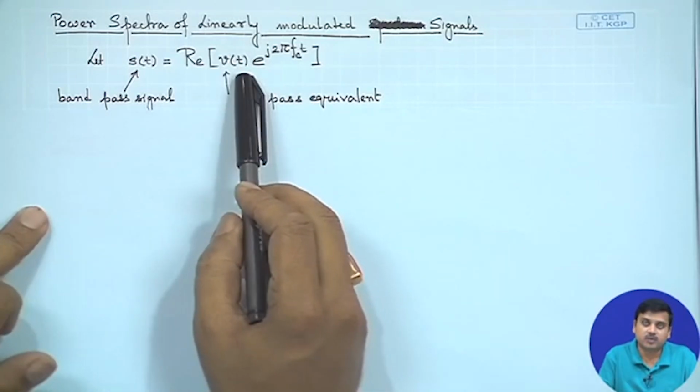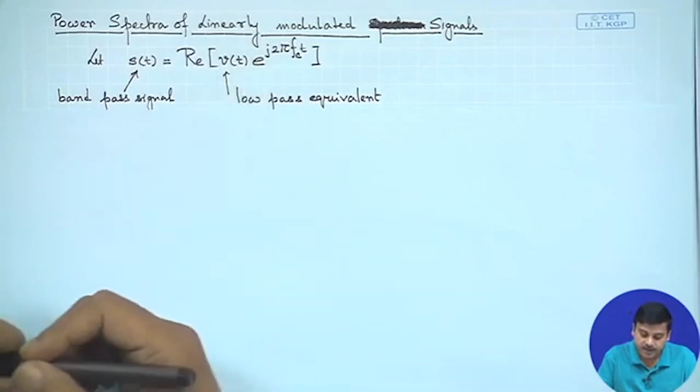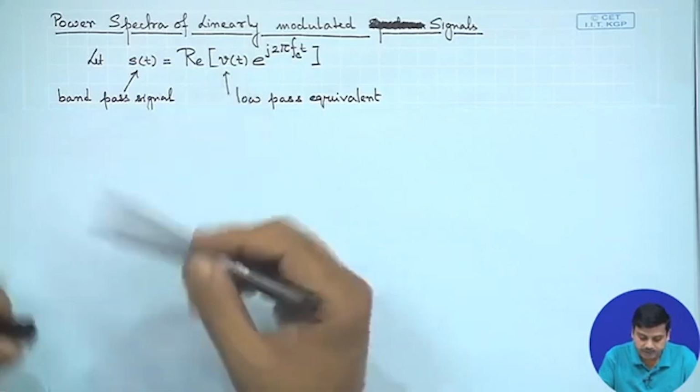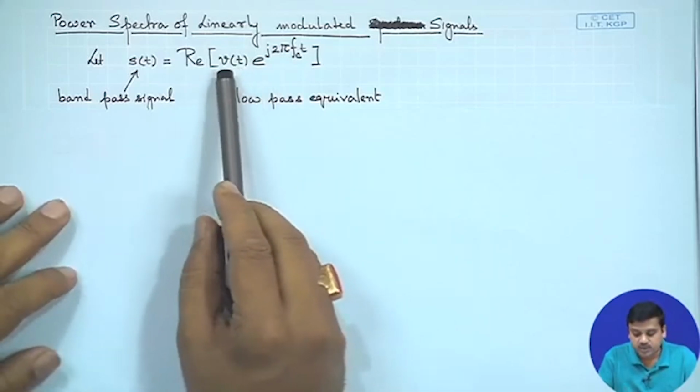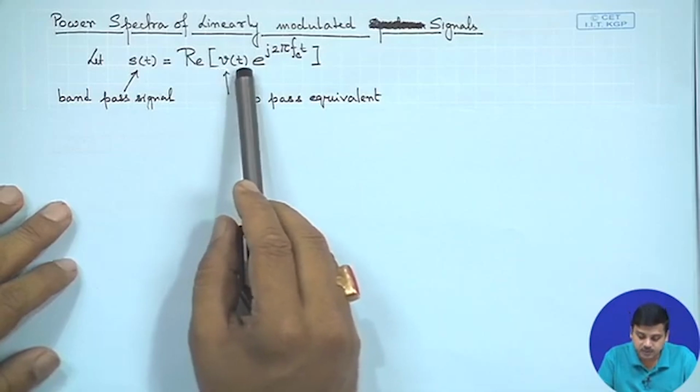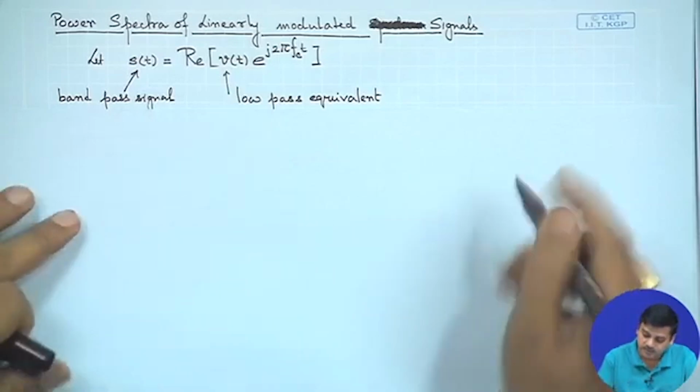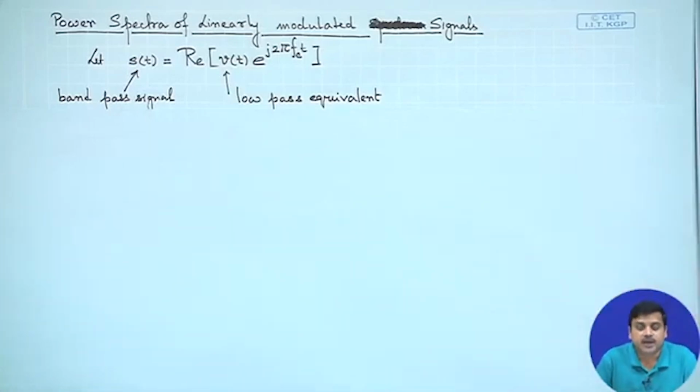We used v(t) to represent the low pass equivalent for M-ary FSK in a few lectures back, and just to match with whatever we have learned before, v(t) was A_m times g(t) for pulse amplitude modulation, and in case of PSK, you had v(t) equal to e to the power of j theta_m, where theta_m was pi multiplied by (m minus 1) divided by capital M. And for pulse amplitude, we had (2m minus 1 minus capital M), the whole thing multiplied by d, times g(t) of course. So, that was v(t) in these two cases.